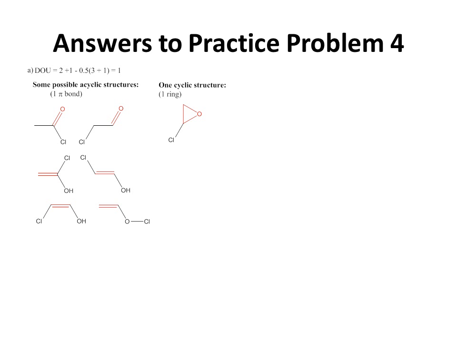In the middle example, I have C double bond C. The Cl and OH are in different positions, and in the bottom structures it's still C double bond C, but now in one case I have an OH, and in the right case I have O to Cl. These are just 6 of several possible acyclic structures.